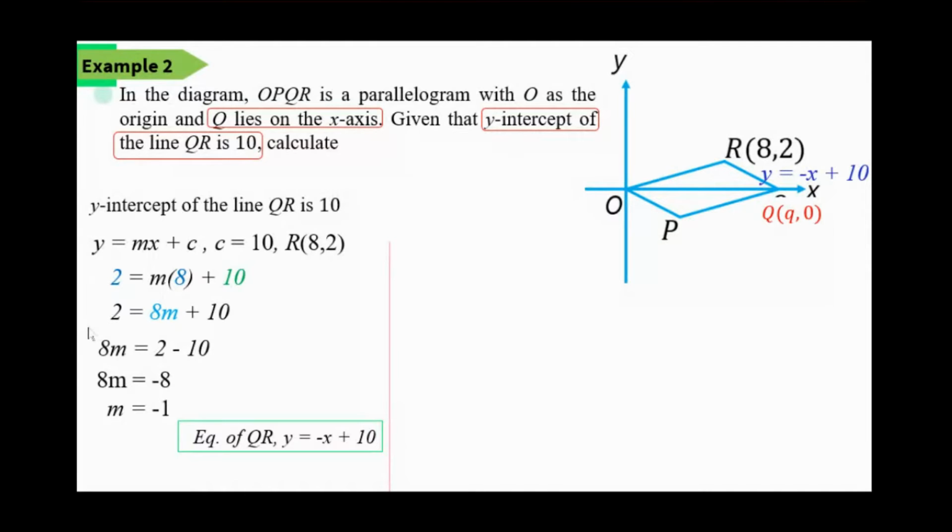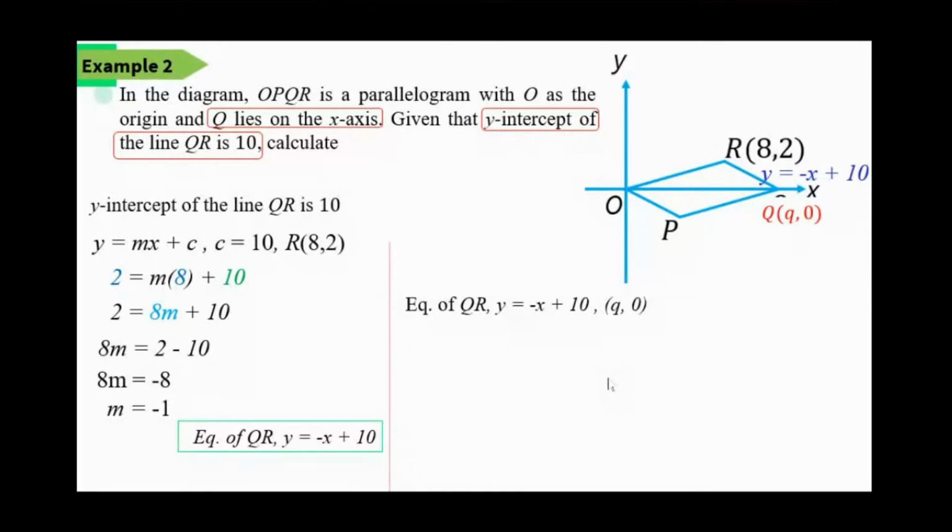From the diagram, we notice that point Q lies on the line RQ. If a point lies on it, it satisfies the equation. Substitute x equal to q and y equal to 0 into this equation, y equal to negative x plus 10.